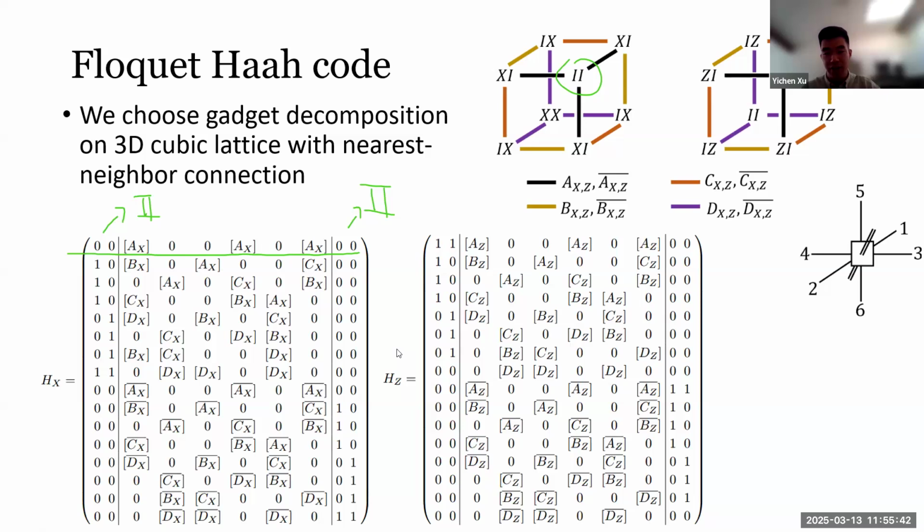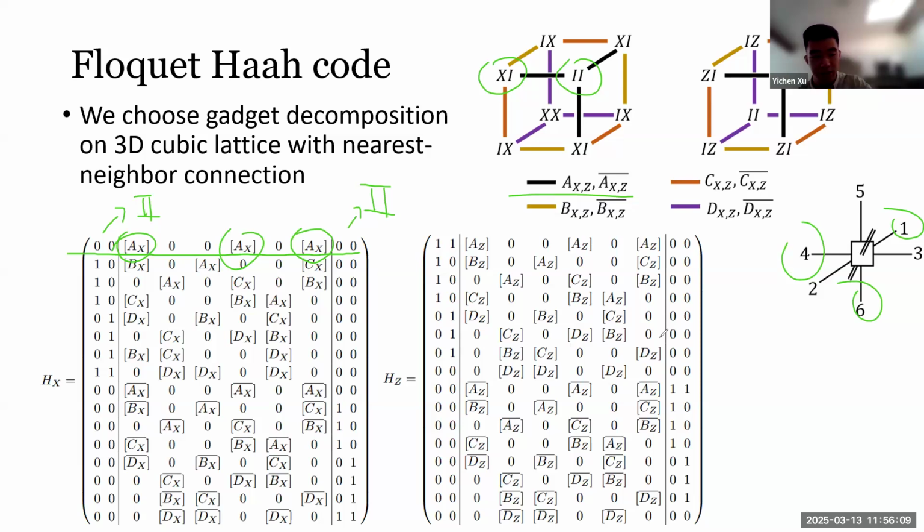If you look around, you'll find that I have 3 non-trivial legs sticking out, 3 non-trivial bond operators, in directions 1, 4, and 6. So I write A at 1, which is the first column, and A at 4, and A at 6. Now you can repeat this for, for example, this one. This is XI, so this is 1, 0 in the first 2 columns.